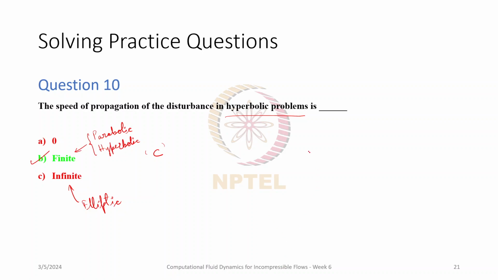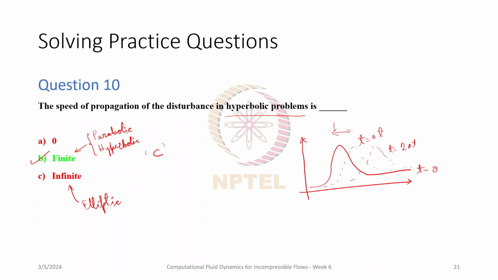So basically, what does it look like? One of the classic examples is the propagation of a wave. If a wave looks like this at time t equal to 0, then it would look like something like this at time t equal to delta t, and at some time t equal to 2 delta t it would move even further, and these distances traveled by, let's say, peak to peak, would be c into delta t, c into delta t, like that.